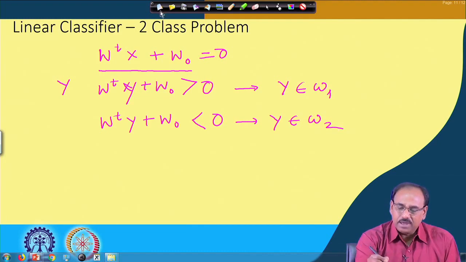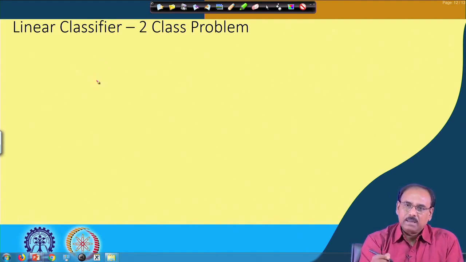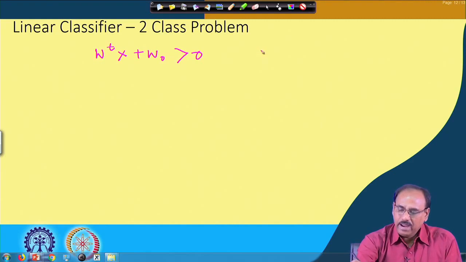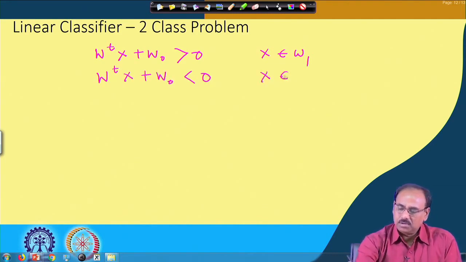So, for all the known samples or the training samples, if the training sample is taken from class omega 1, I should have w transpose x plus w naught greater than 0, when x belongs to class omega 1, and w transpose x plus w naught should be less than 0 when x belongs to class omega 2.